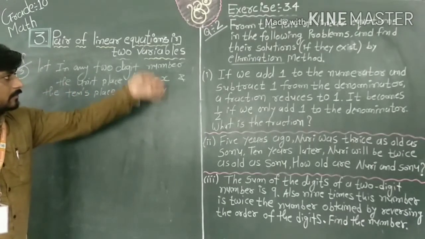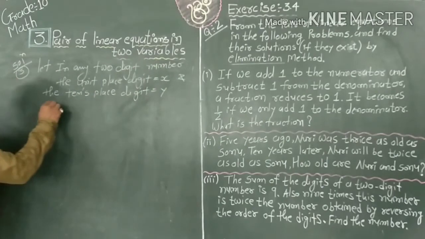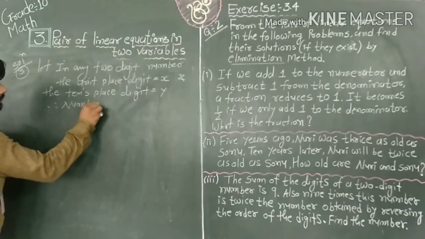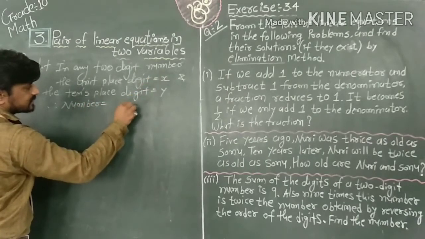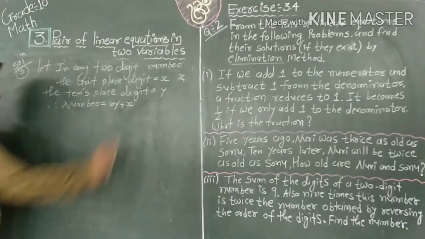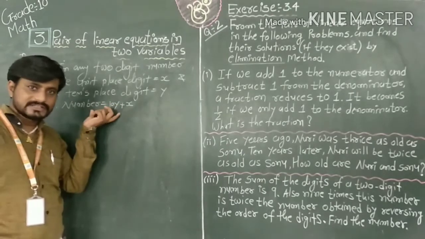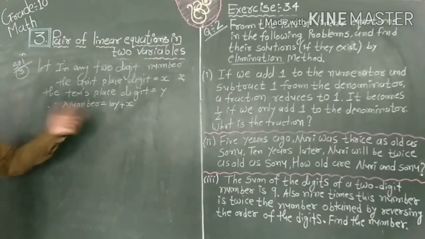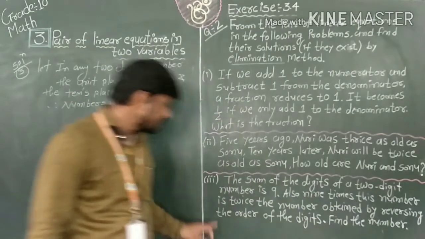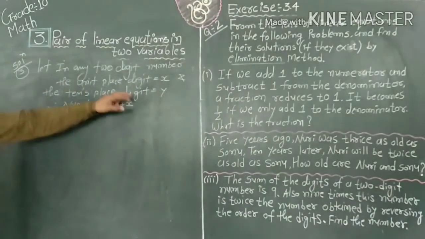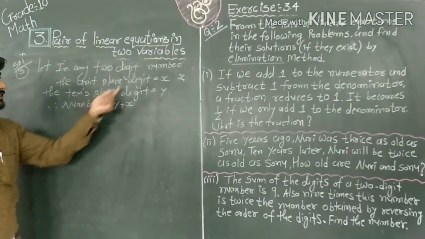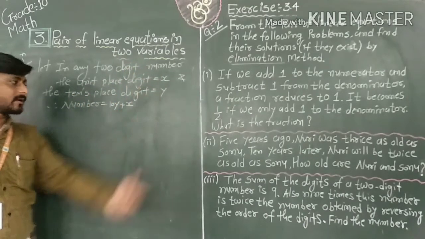That means what is the number? That means the number will be equal to 10 times the tens digit plus the unit digit. Okay, this is our original number. Now here look, obtained by reversing the order. If we change the order, that means if the unit digit is y and the tens digit is x, then what is the number?